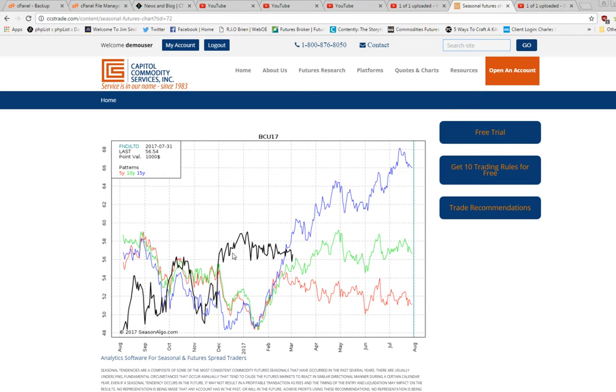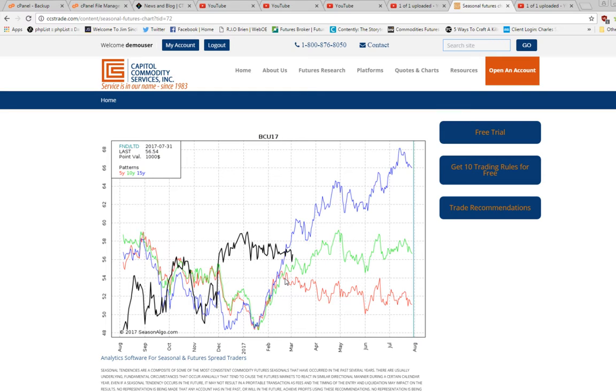The black line is the current contract price going into early March of 2017. The red one is the 5-year seasonal chart, green is the 10-year seasonal, and blue is the 15-year seasonal. What does it mean?